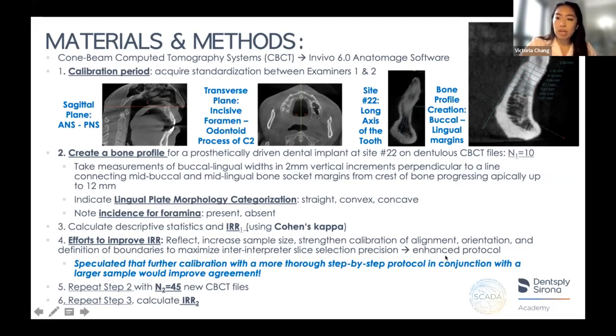And this resulted in an enhanced protocol that we would use for repeating steps 2 and 3 for the next part of our project. So we speculated that further calibration with a more thorough step-by-step protocol in addition with a larger sample would improve our agreement.